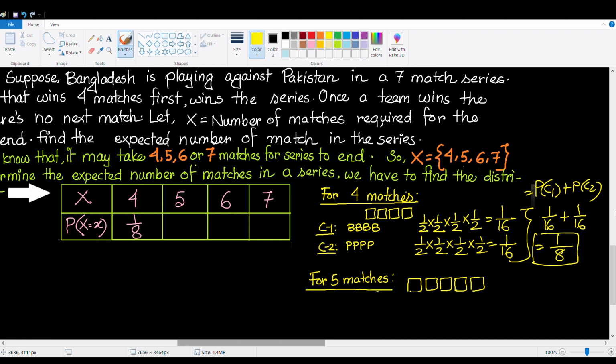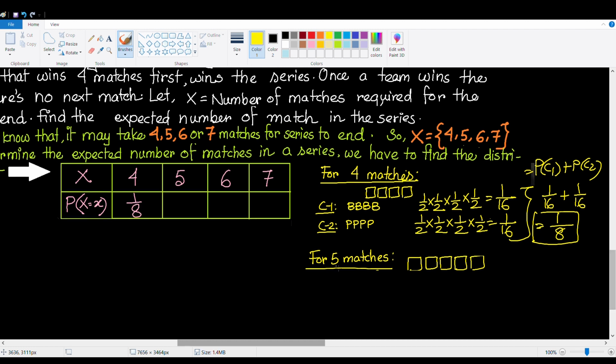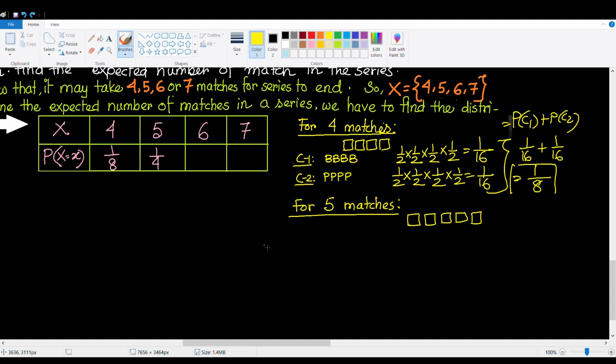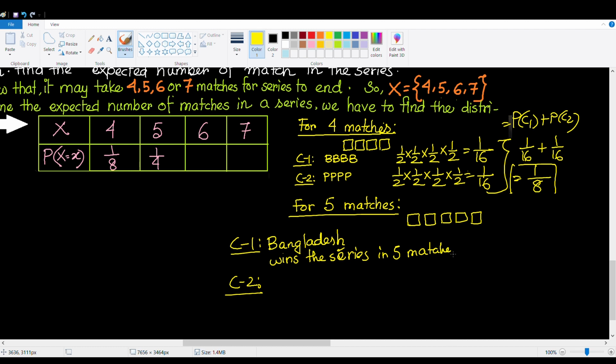And again, let's go to the next case, which is for 5 matches. What is the probability? So this is the tricky part of this problem. Listen very carefully. Like 4 matches, we have 2 cases here. Case 1 would be Bangladesh wins the series in 5 matches, right?